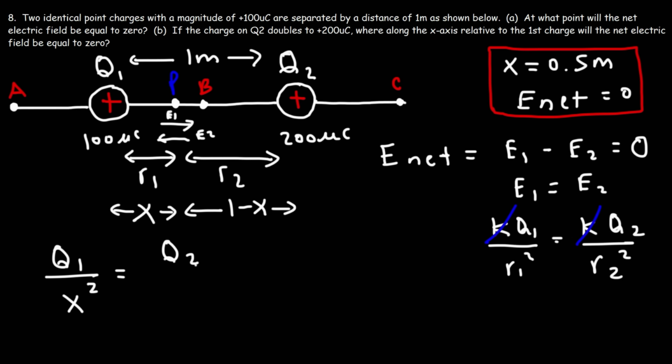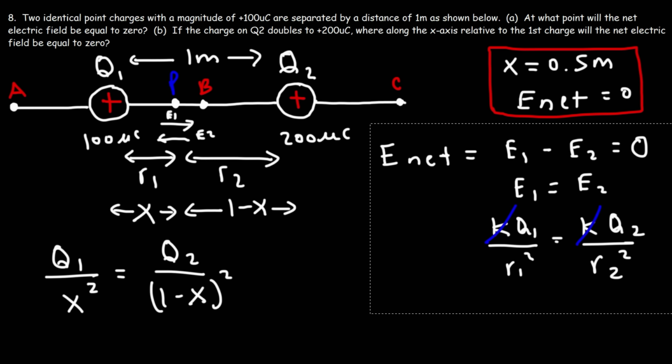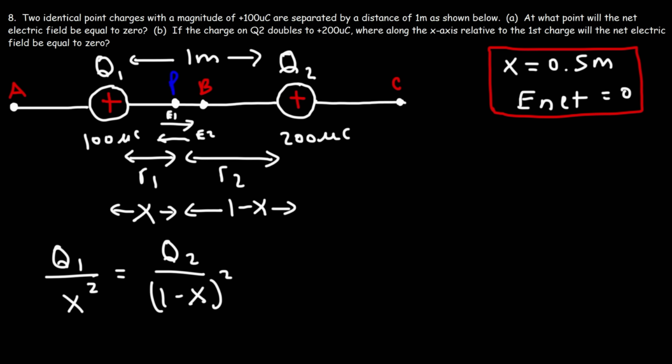And let's replace R2 with 1 minus x. Don't forget to square it. Now let's cross multiply. So here we're going to have Q2 times x squared, and then this is going to be Q1 times 1 minus x squared.